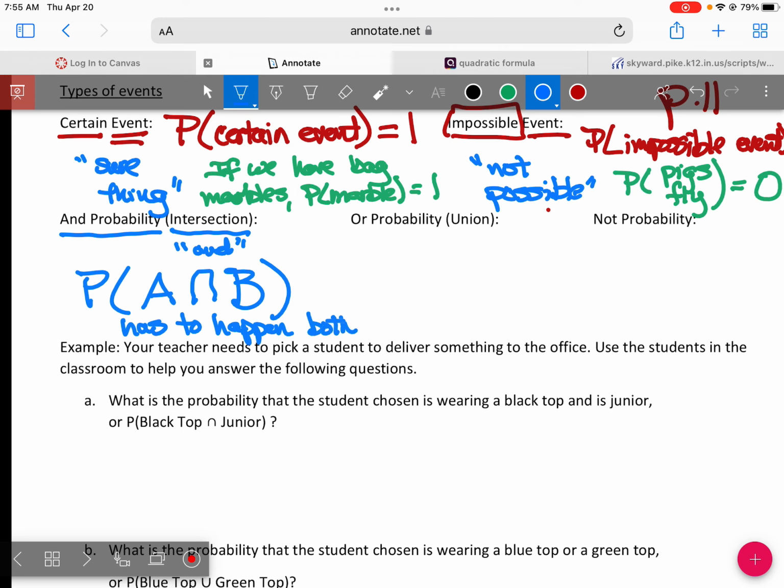The intersection. The or probability is the union. For the union. So that's going to be the probability of A union B. A or B is how we say that. And the not probability, how do we write that? That's the probability of not, and it's a little squiggly or a little tilde, I think is what they call that, not A.